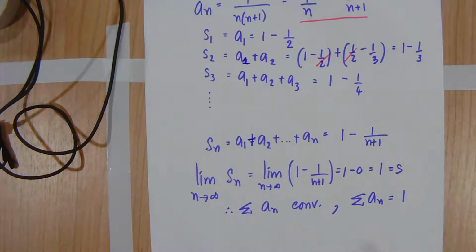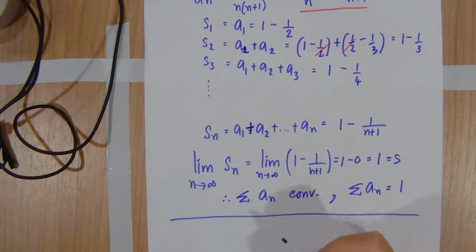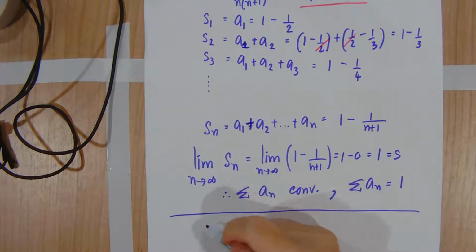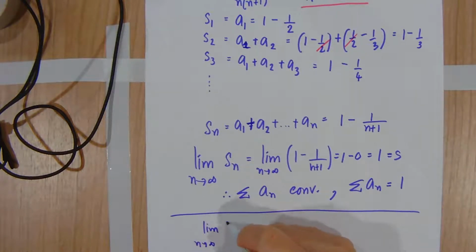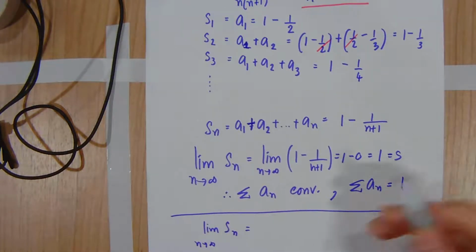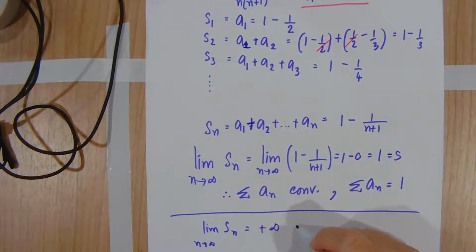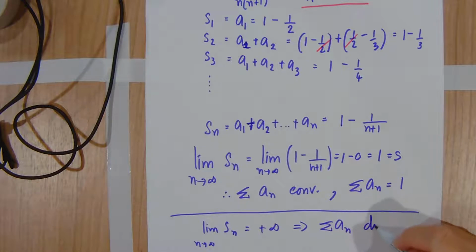So this is the first technique. If the limit of S_n equals, for example, positive infinity, we can also conclude that our series diverges. This is the first technique, the cancellation technique, to check whether our series is convergent or divergent.